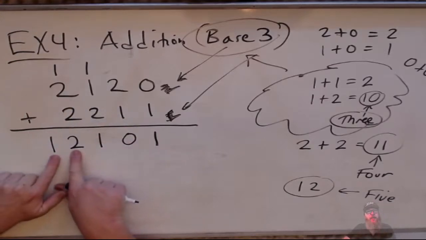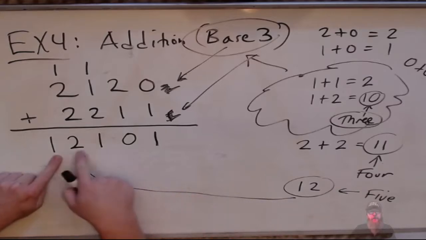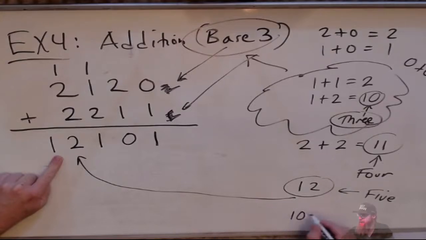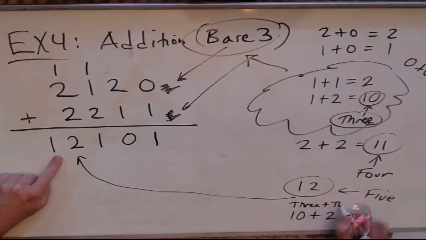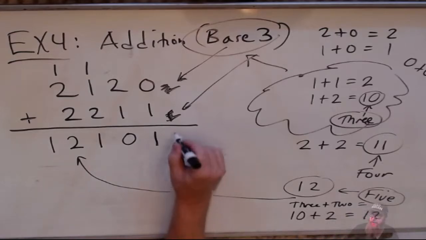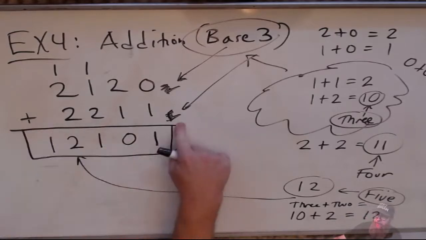This is the number 5 right here, which would be, I guess, 3 plus 2 is 5. Yeah, 3 looks like 10. 2 still looks like 2. So 3 plus 2 is 12. So this is your answer, base 3.